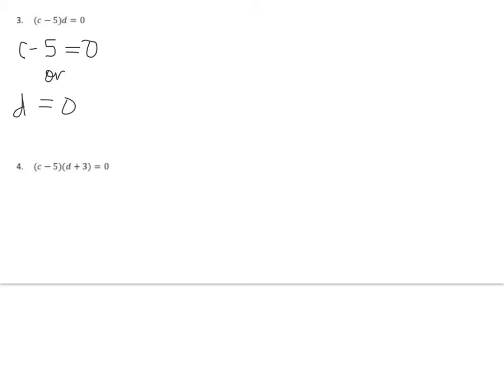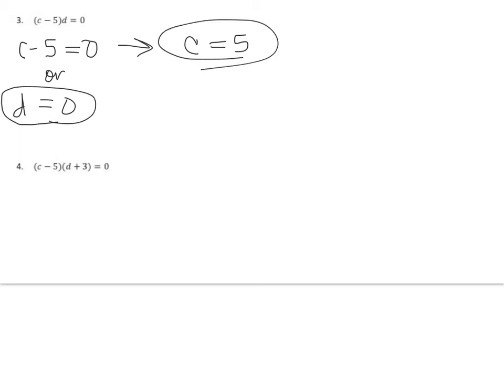So let's solve each one. Add 5 to both sides. C is equal to 5. And this one's already solved. So we have two solutions. C equals 5 and D equals 0. D could actually be anything when C equals 5.